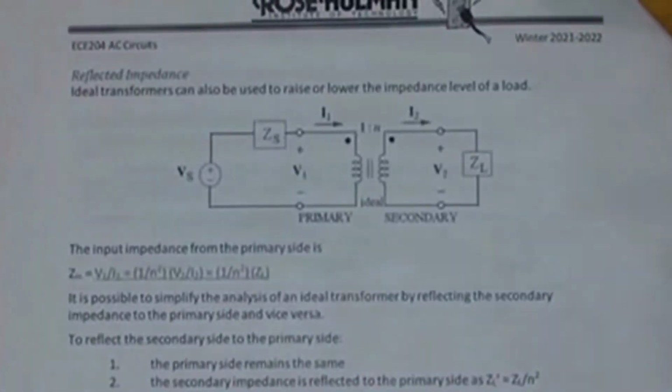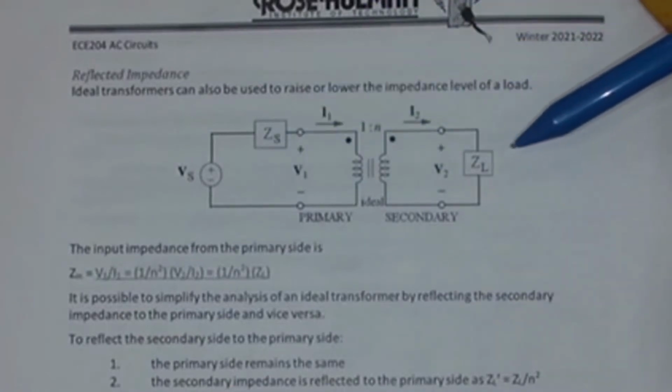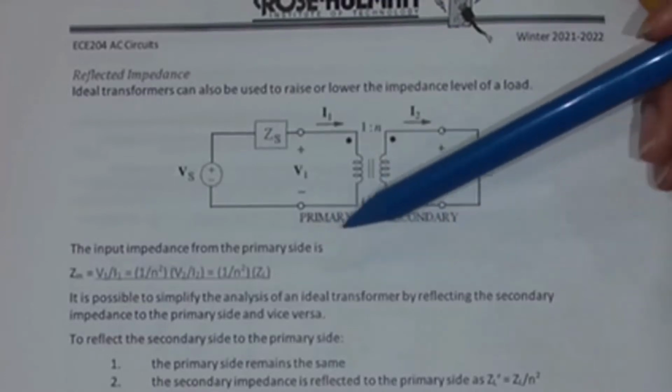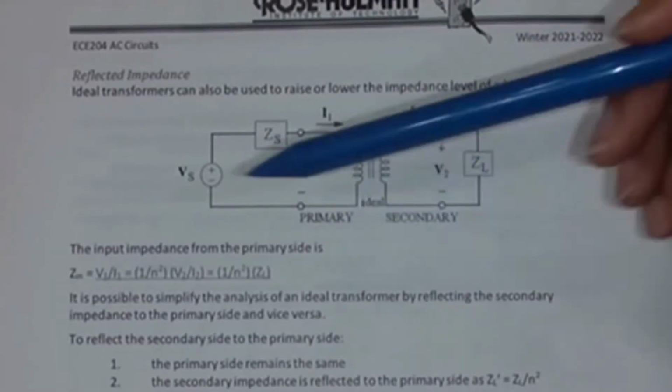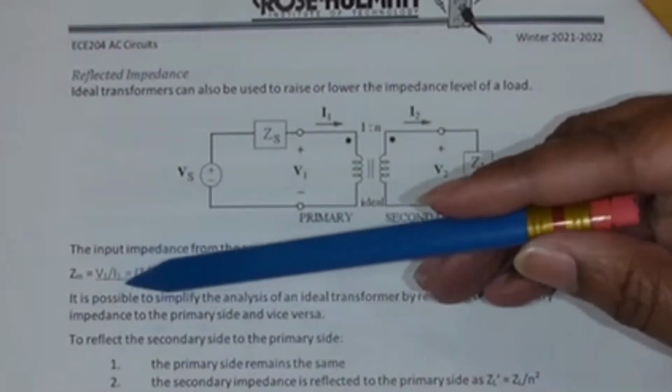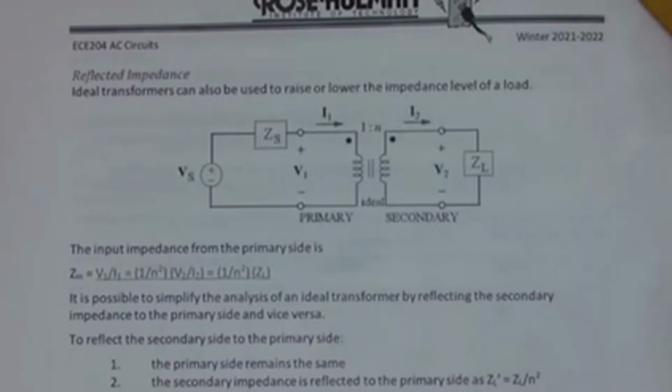So here we have a transformer circuit, and it also has a source voltage with a source impedance and a load. So the input impedance at the primary side is the same as V1 over I1.